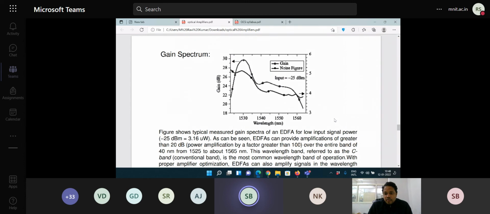So the wavelength range is almost of the order of around 30 nanometers. Okay, it's not 30 nanometers, it's about 40 nanometers, from 1525 nanometers to 1565 nanometers. Okay, and this is what is known as the conventional band in optical communications.